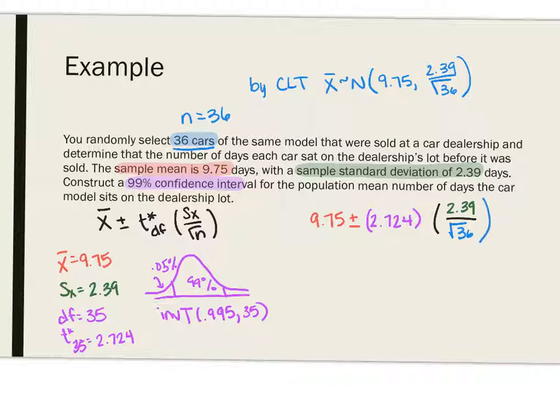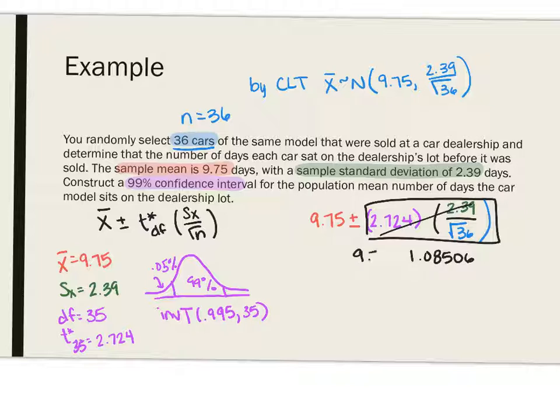So this is the formula. Here's how you calculate this: we calculate the margin of error first. So 2.724 times 2.39 divided by the square root of 36, which is just 6. This entire value right here is 1.08506.